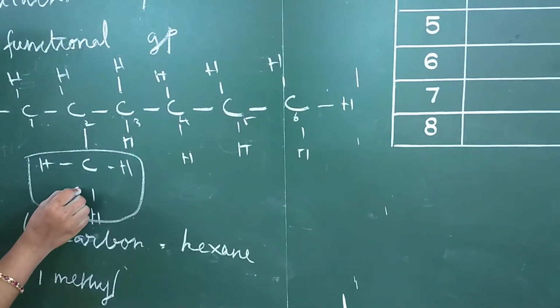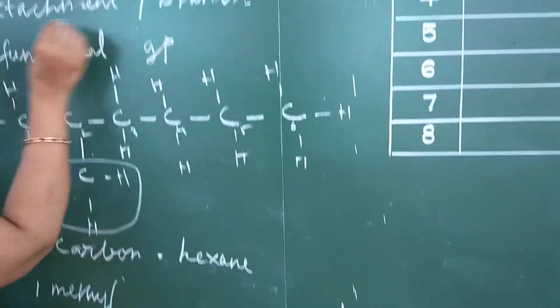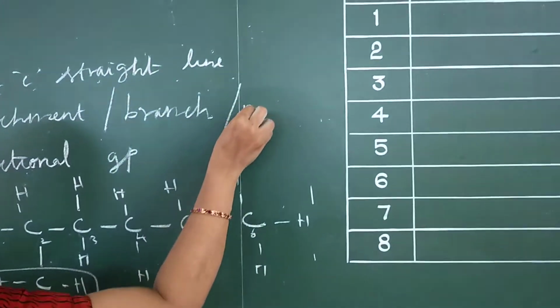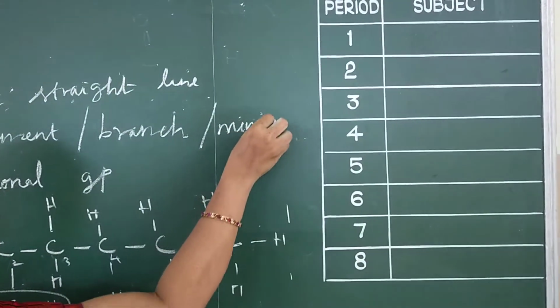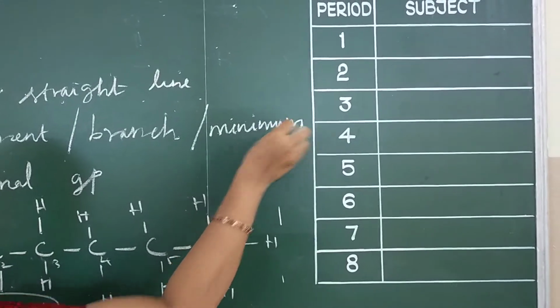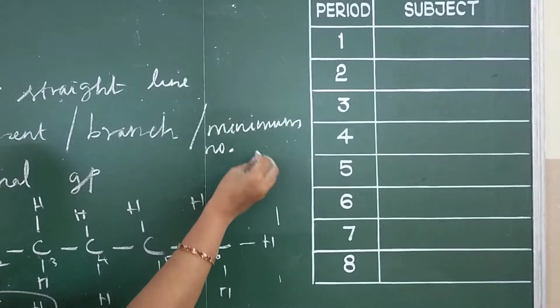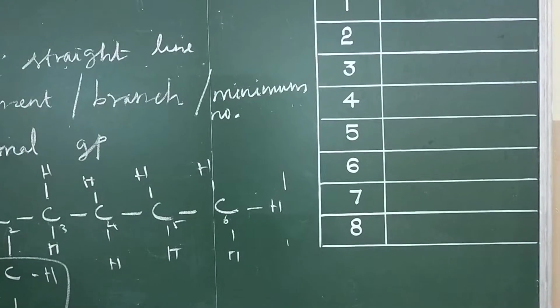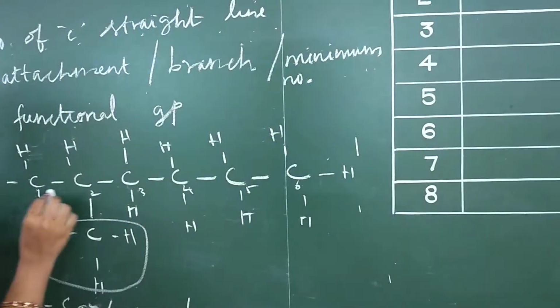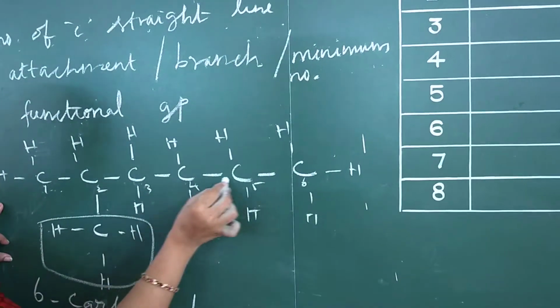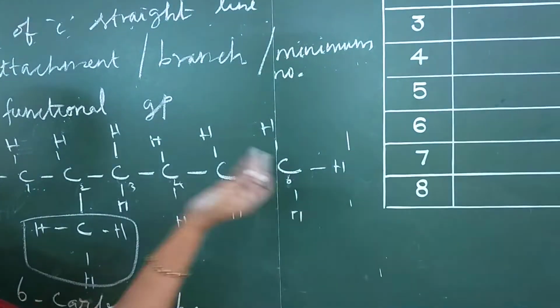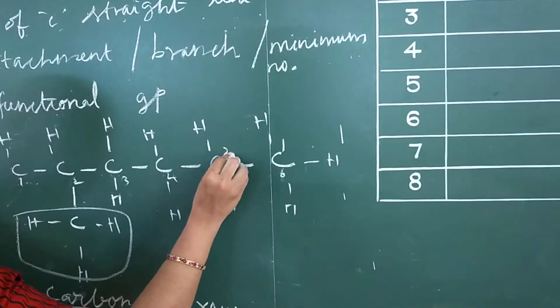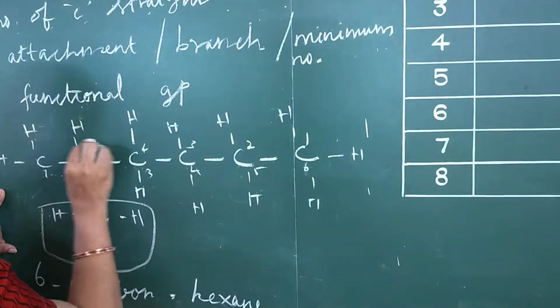Where is it present? We have to give the minimum number for the attachment group. If you count from left to right, 1, 2, 3, 4, 5, 6. If you count from right to left, 1, 2, 3, 4, 5, 6.